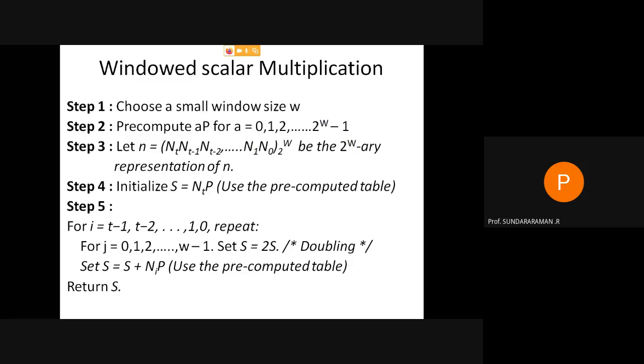Now, why do we use this particular method? Any type of architecture, whether it is going to be implemented on a software platform or hardware platform, based on the given platform, the requirements are different. For example, on a software platform, we will be trying to reduce the number of computations so that the time required for computation can be minimized.